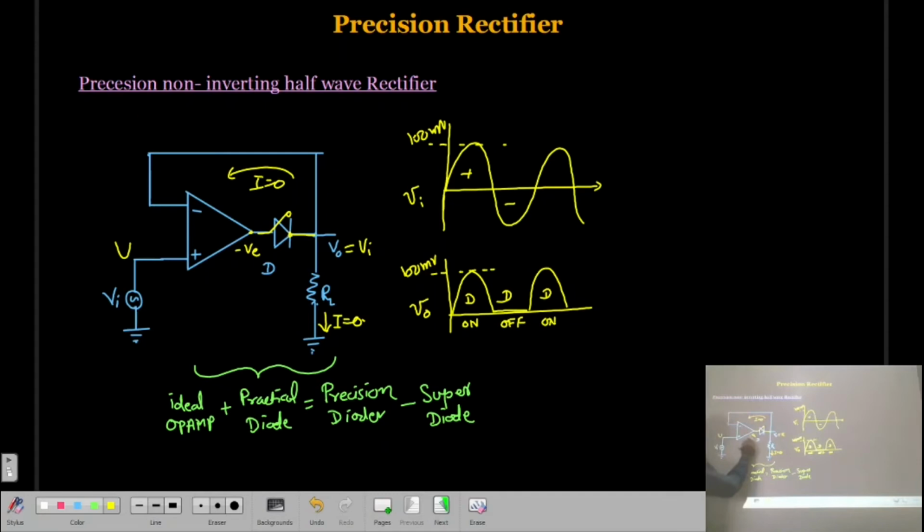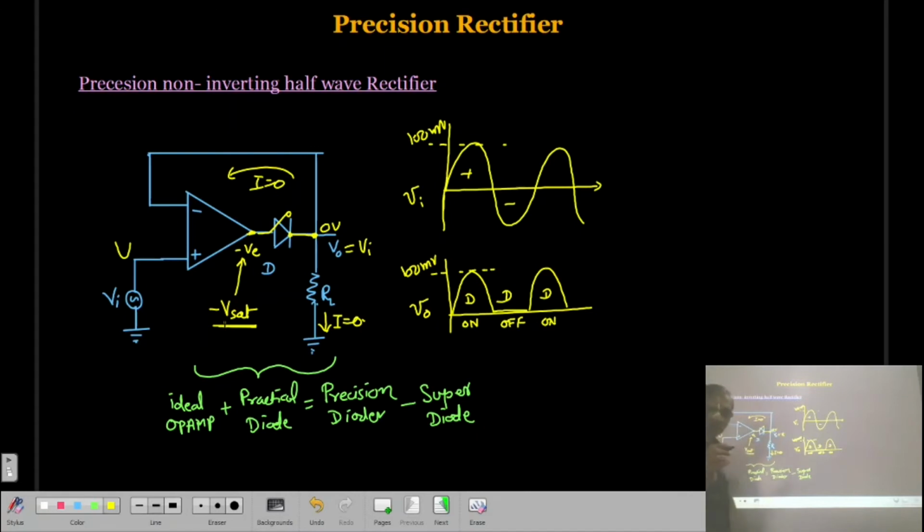So as a result, in that case, the potential at this point will reach minus V saturation. Whenever we apply the negative cycle, the output of the operational amplifier will go to the negative saturation. And if we see the voltage across the diode, this voltage is zero. Remember, here we have 0 volt, and this saturation voltage is there.